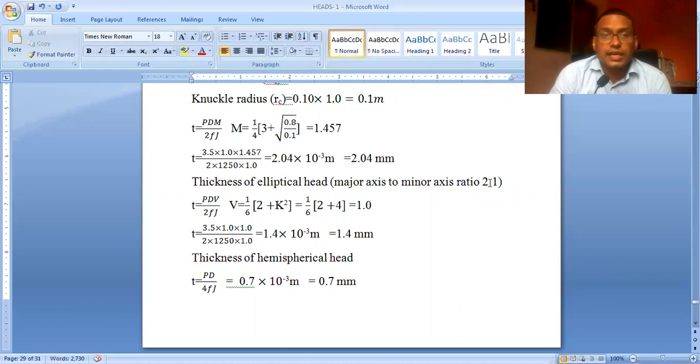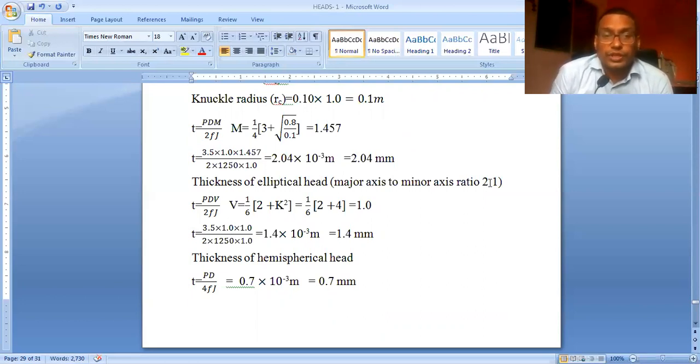So this is the V, the multiplication constant, that is 1/6 into bracket 2 plus k square, where k is the major axis to the minor axis ratio. So major axis is 2, minor axis is 1. So the value of k becomes 2. So V comes out as 1.0. So thickness is coming as 1.4 millimeter.